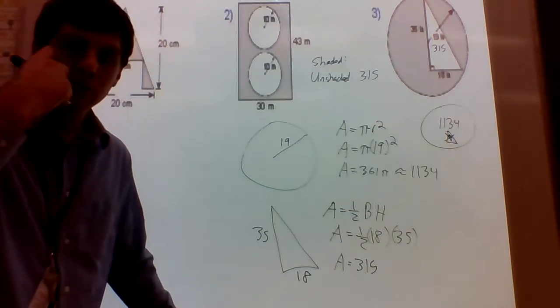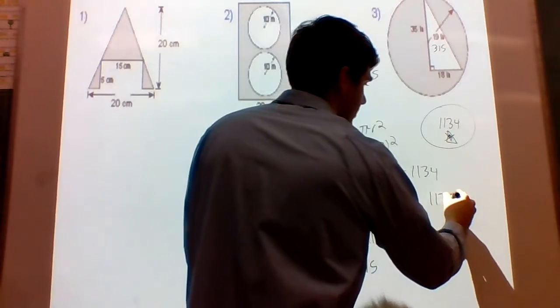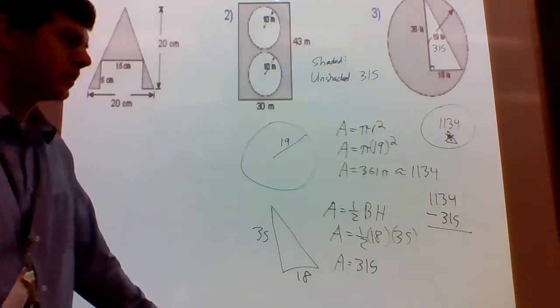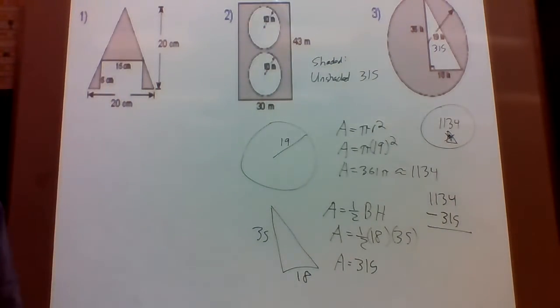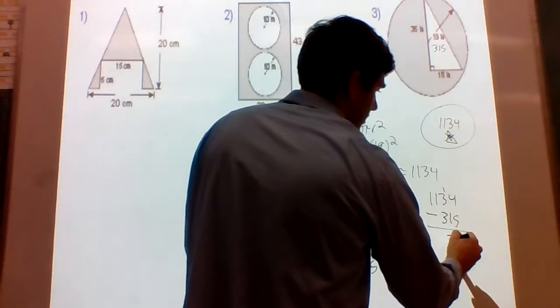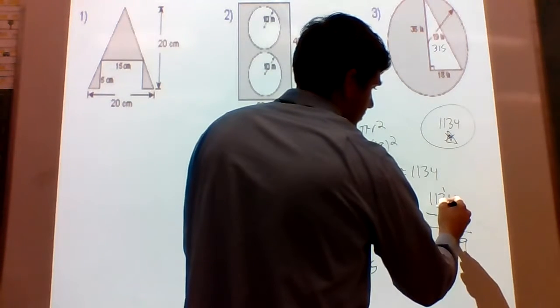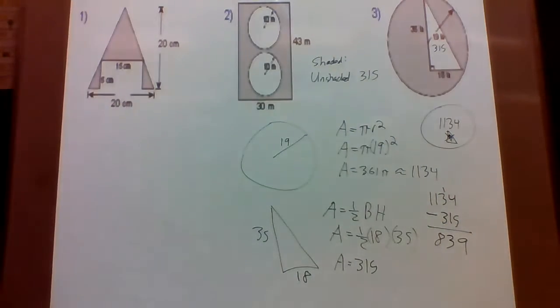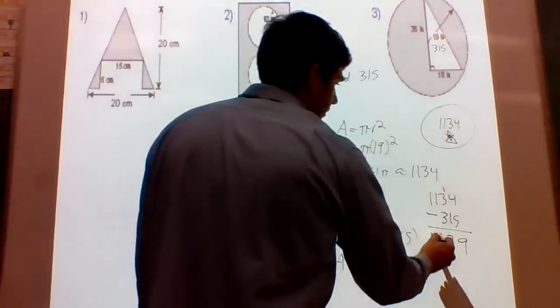The area of the triangle was 315, so we have to do 1134 minus 315, which is going to give us 819.